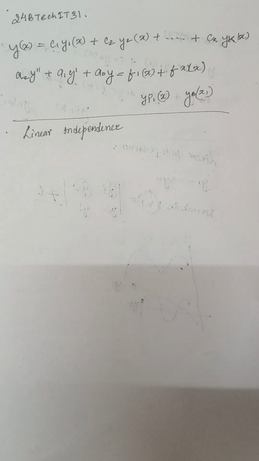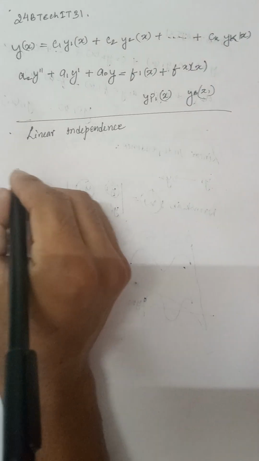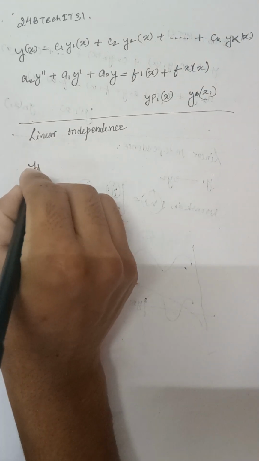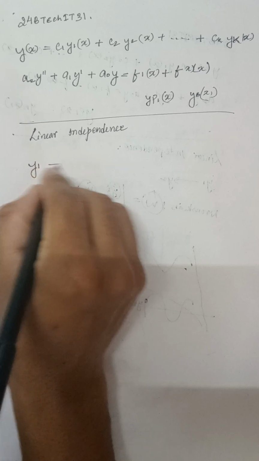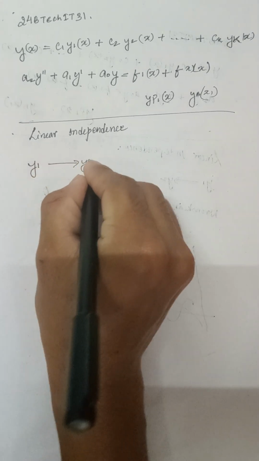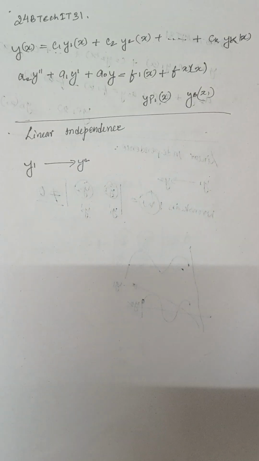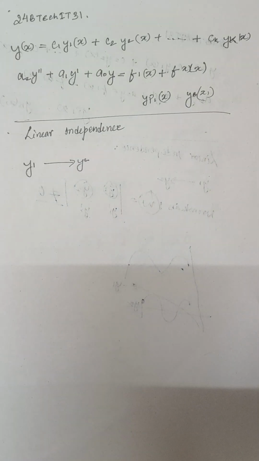Now the big question: how do we claim that a solution y1 and a solution y2 are linearly independent of each other?